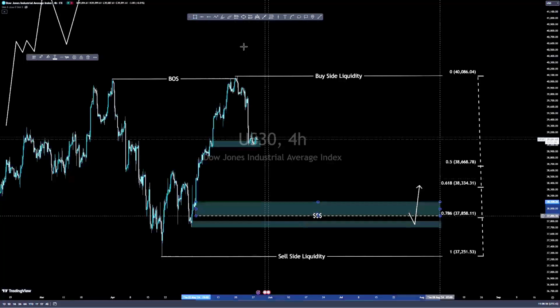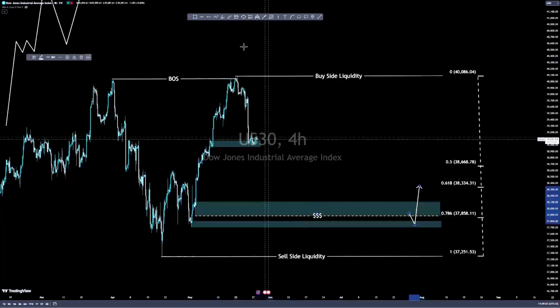I will just mark it as my point of interest. Then the one below, I will mark it as my extreme order block. I don't know about this one, but it seems like it was mitigated.